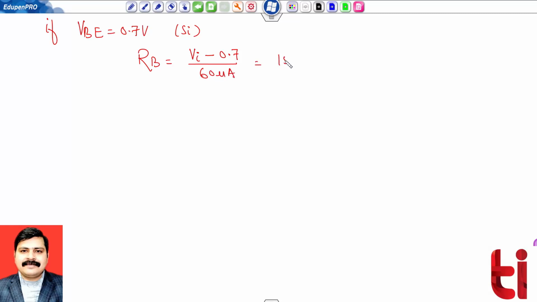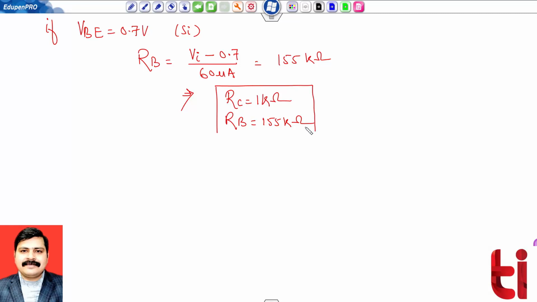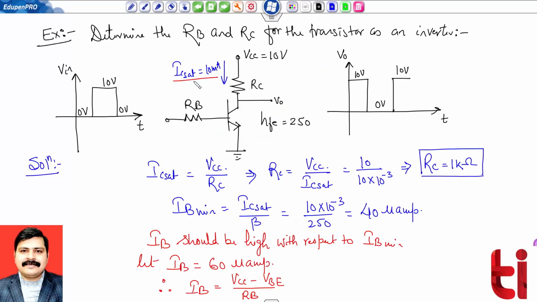That means the value of RB is 155 kilo ohm. So my answer is RC equals 1 kilo ohm and RB equals 155 kilo ohm, required to achieve the same output which was given in the problem. For a saturation current of 10 milliampere, the minimal value of base current is 40 microampere. These are the design requirements.